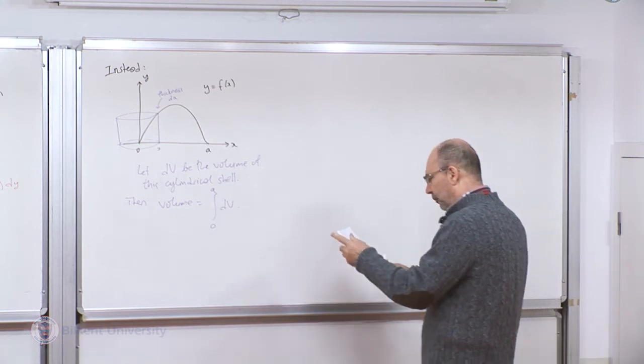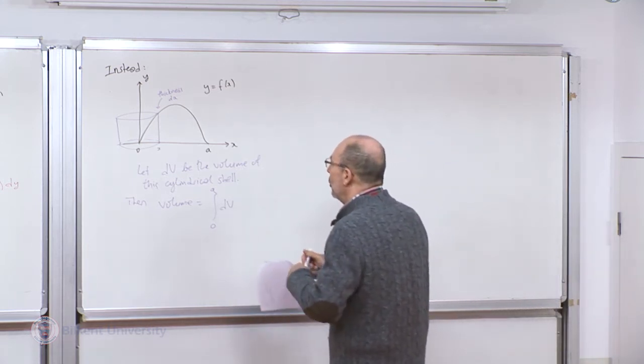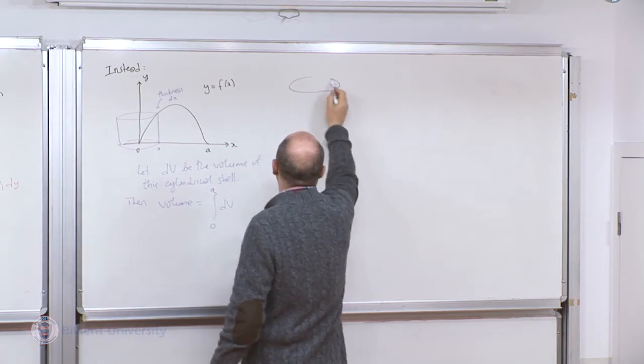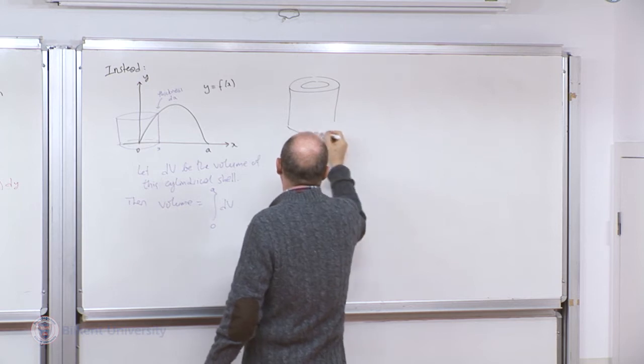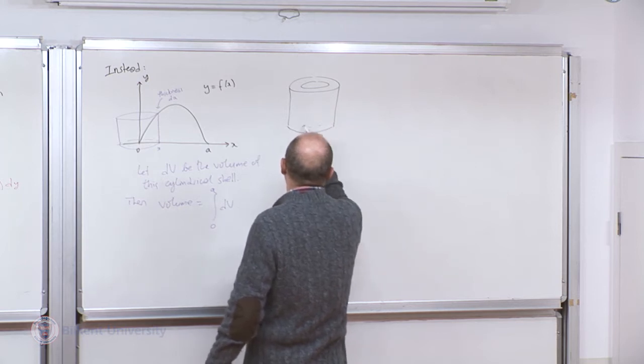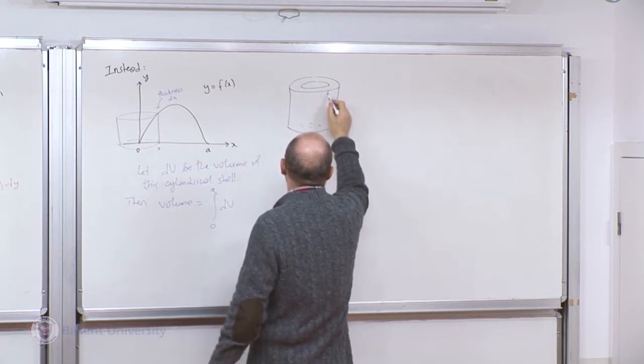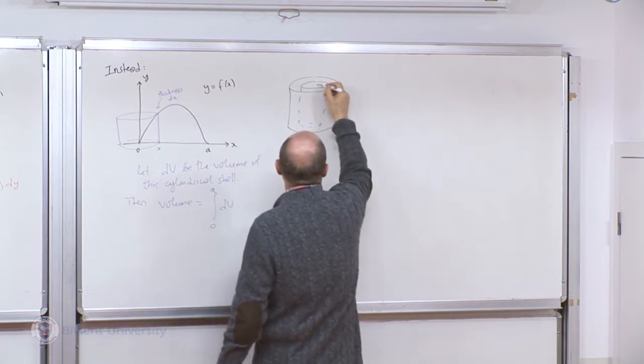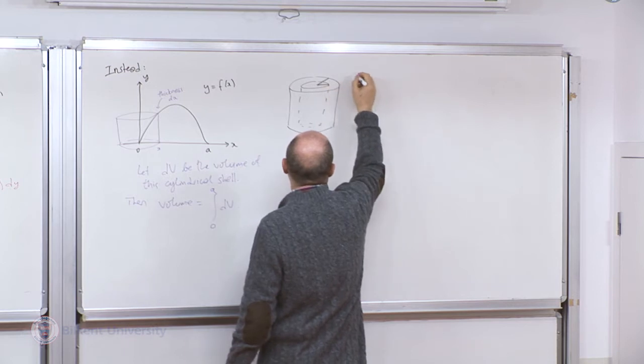So if this was a real cylindrical shell, it would be like this. And here I have an inner circle and an outer circle.